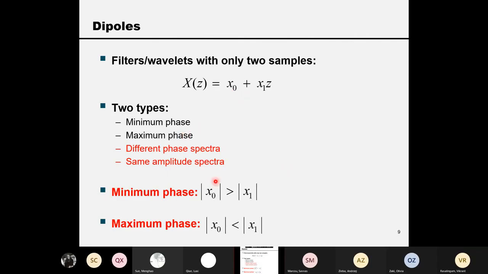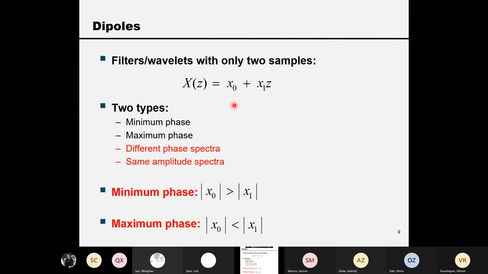These two filters have the same amplitude spectra, but different phase spectra. Why do they have the same amplitude spectra? Because if we recall, when you learn the Fourier series, there's something called energy conservation, right?